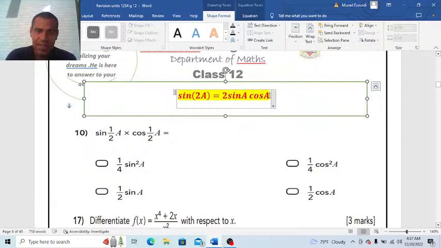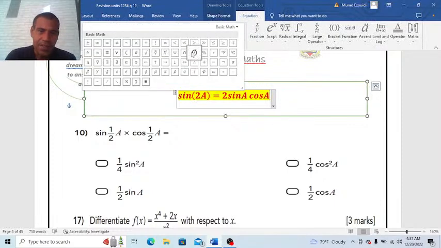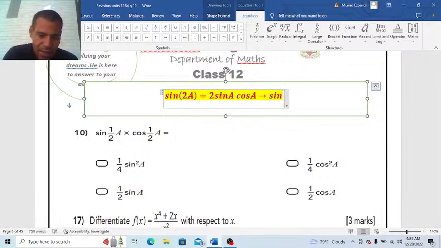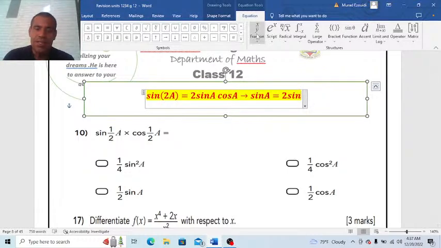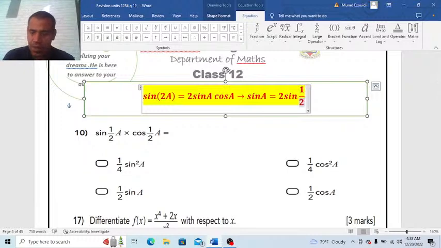Therefore, from this, I will write sine a is equal, in fact, to 2 times sine, then I insert a fraction, 1 over 2, 1 divided by 2, a.